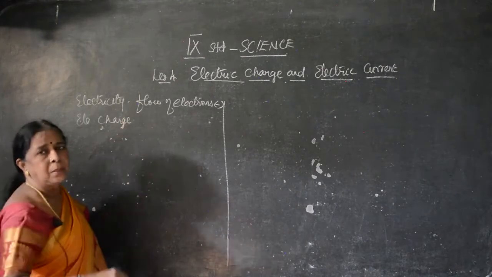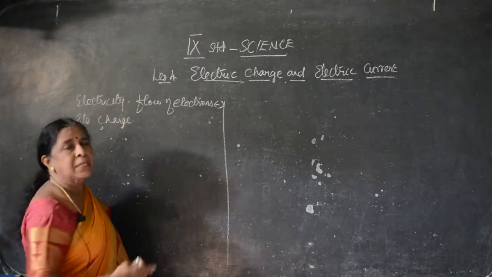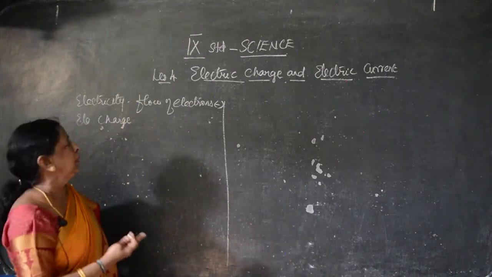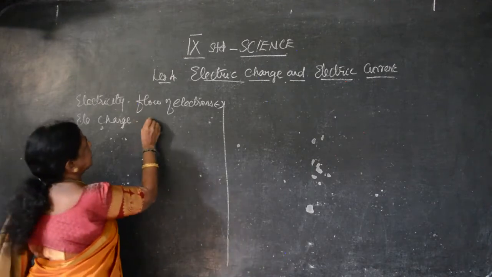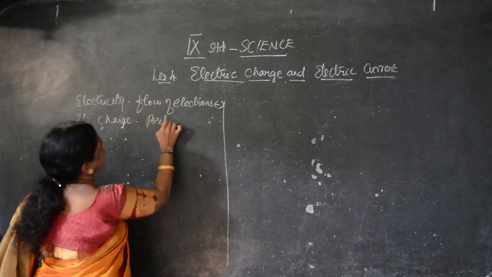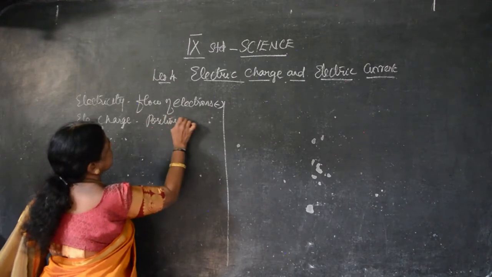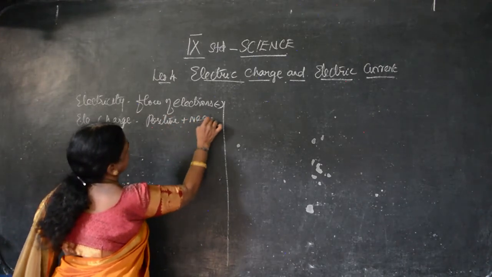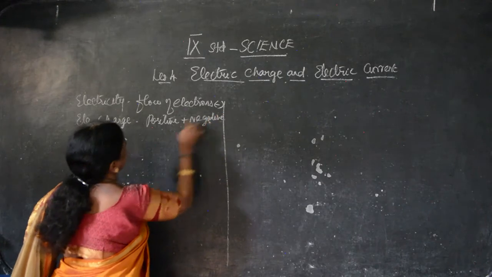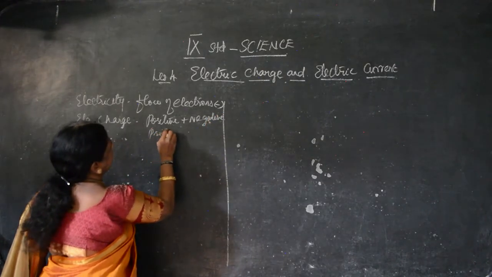It is the flow of electrons from the higher level to lower level or lower level to higher. Electric charges, that is positive and negative charges, are there. That is electric charge, positive and negative, that is protons and electrons.